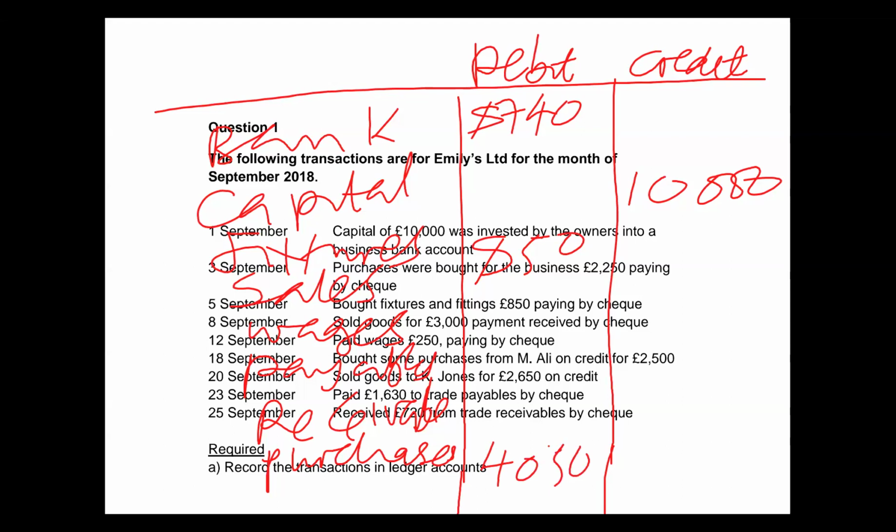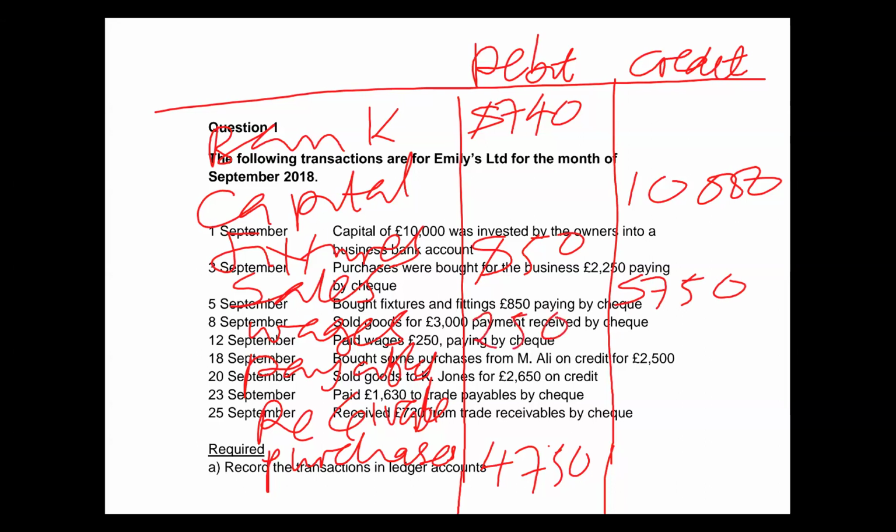Sales was credited, how much was it? 5750. What about wages? Wages was debited 250.